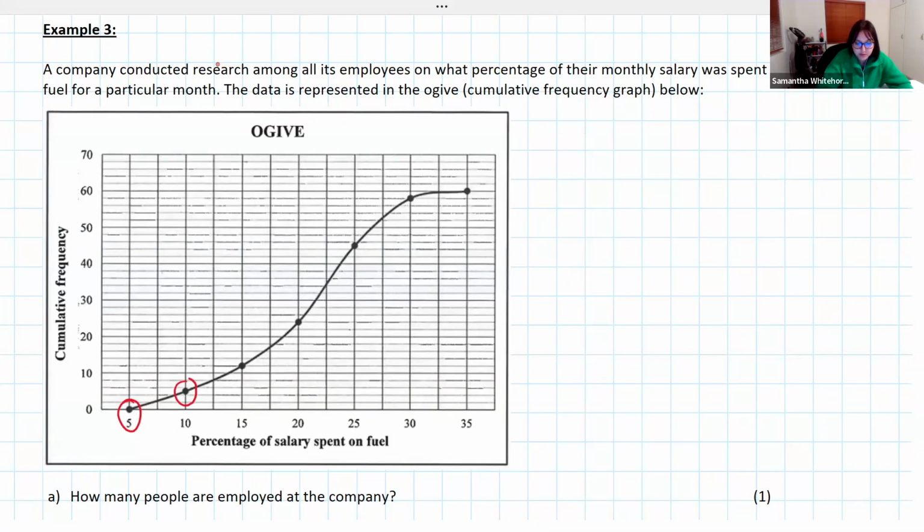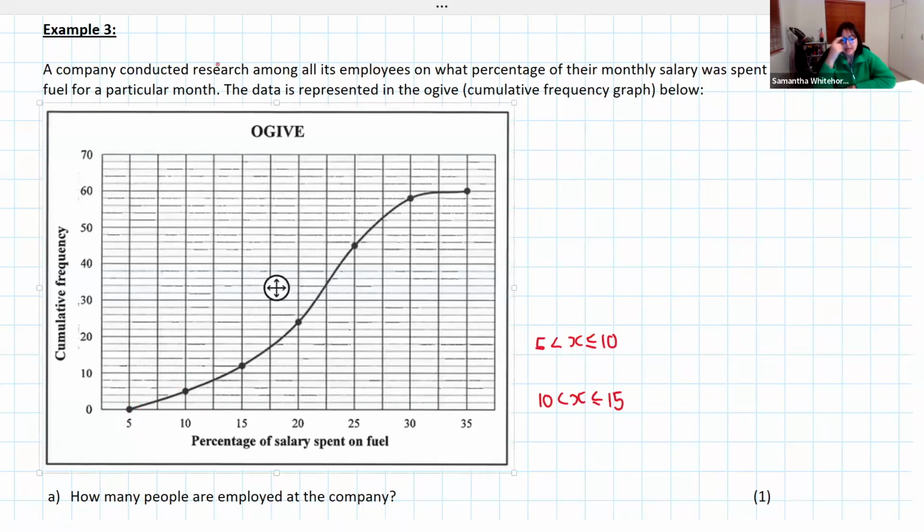So your first interval would be from 5% to 10%. Now I'm going to include 10 because that's the end point of my interval. If you then go to your next interval, that's from 10 up to and including 15. Then 15 to 20, 20 to 25, etc.